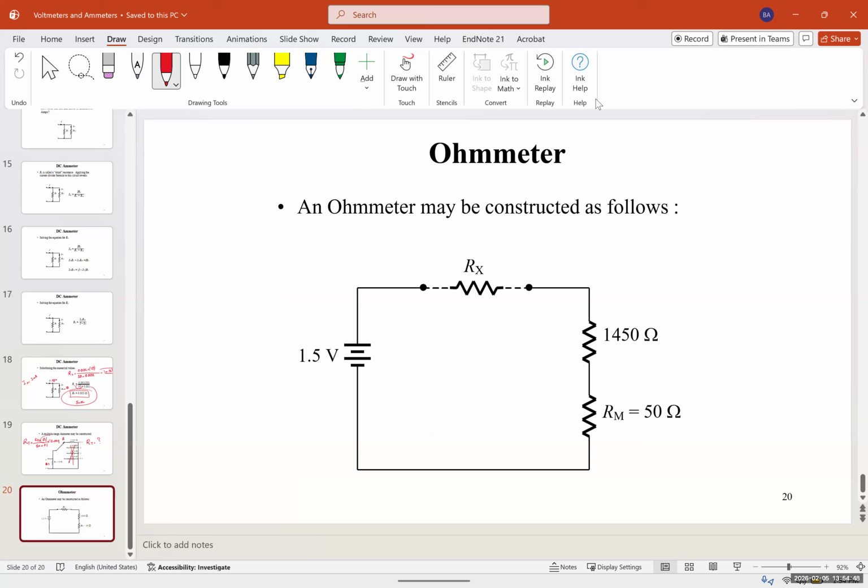Now, what if we want to build an ohm meter? We use the voltmeter that we have. We measure the voltage and the current, and therefore we can measure the resistance.